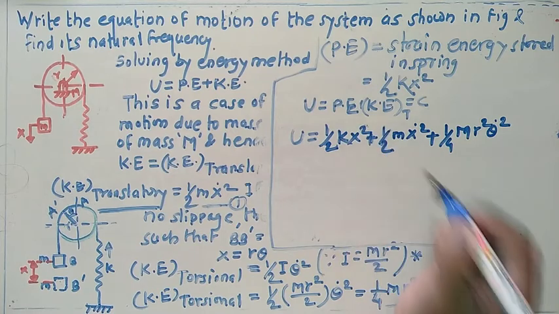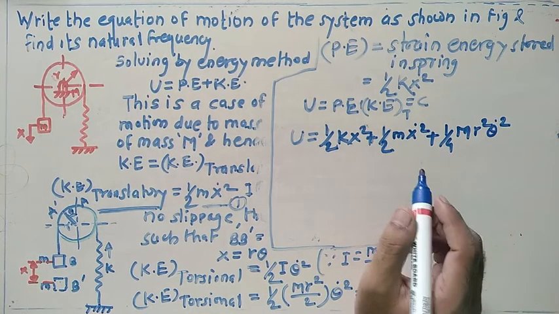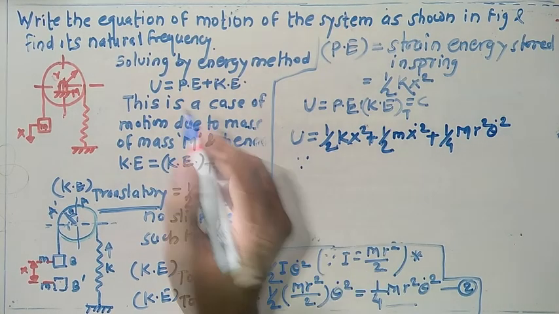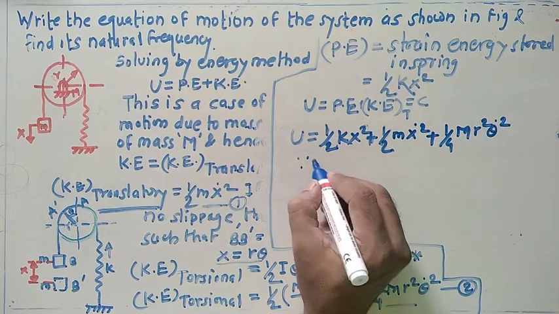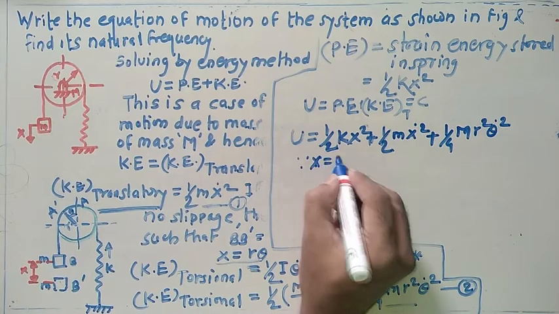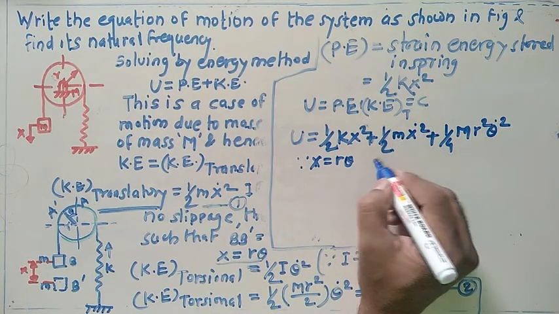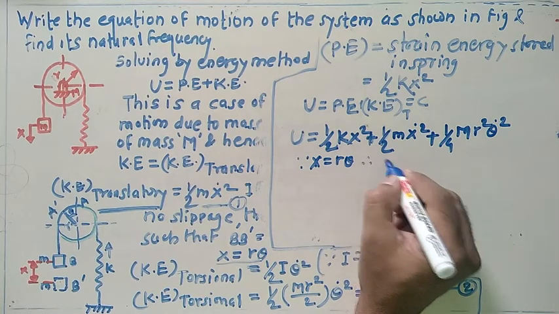Now my target is to get the relation for the frequency. We can easily differentiate this with respect to time t. Before that, we know the relation x equals r theta. Okay, x equals r theta, this relation is already with us. So if x equals r theta, what about x single dot?